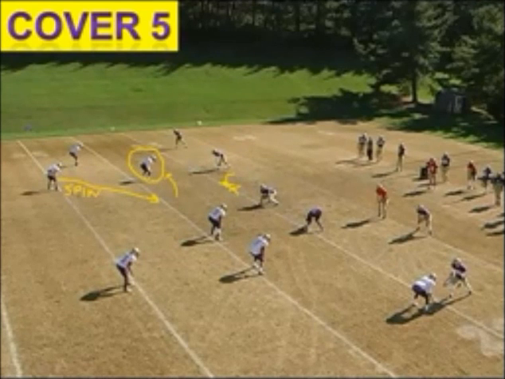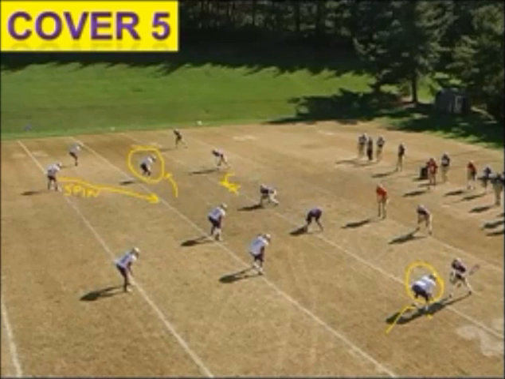Down into the boundary here, you have a corner that looks like he's in a press look. If you were studying our film, this would look very much like Robber coverage to a lot of people. We play a lot of Robber coverage. At the snap, that corner is going to take a step on the outside foot and bail, not at the level of the receiver, but we tell the corners we want to get to 7 by 1.